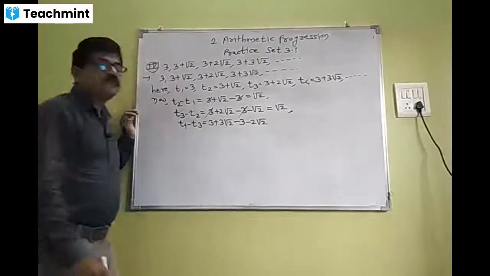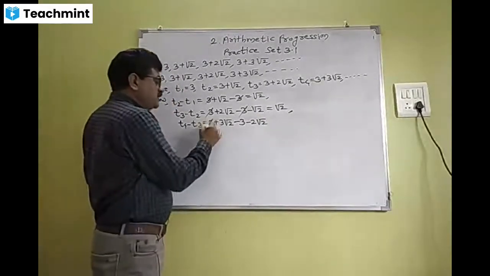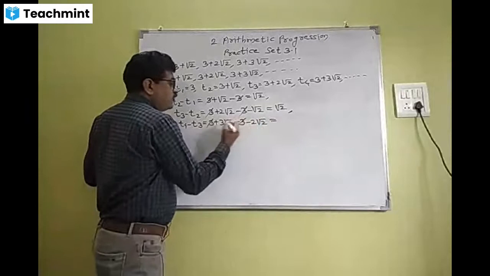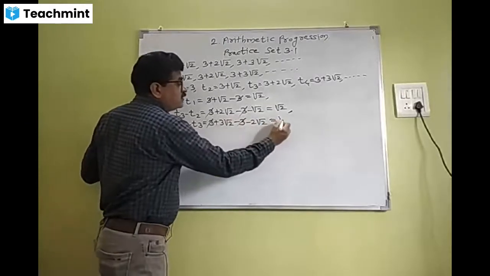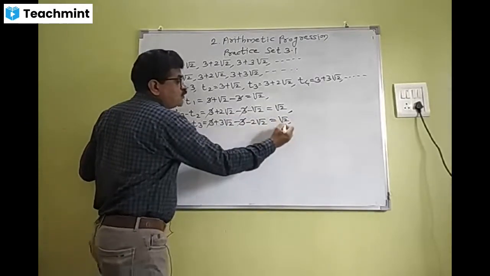Correct. Here plus 3 minus 3 get cancelled. 3 root 2 minus 2 root 2 is 1 root 2, that is root 2, and so on.